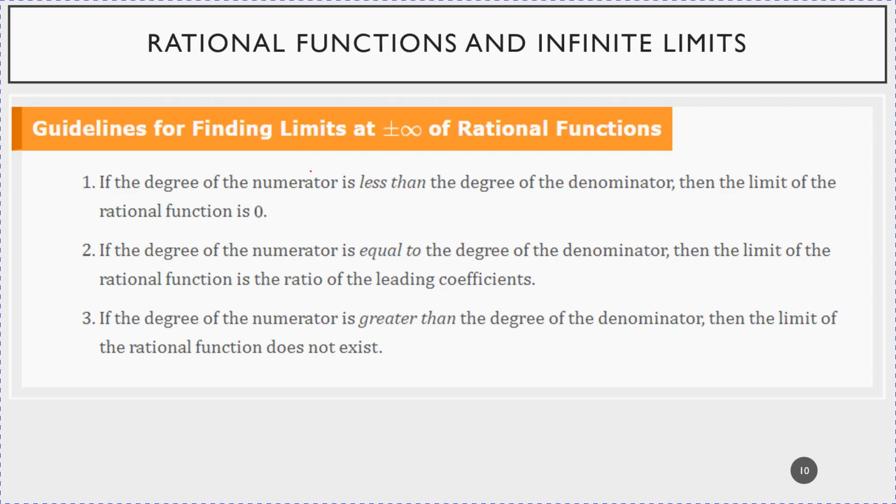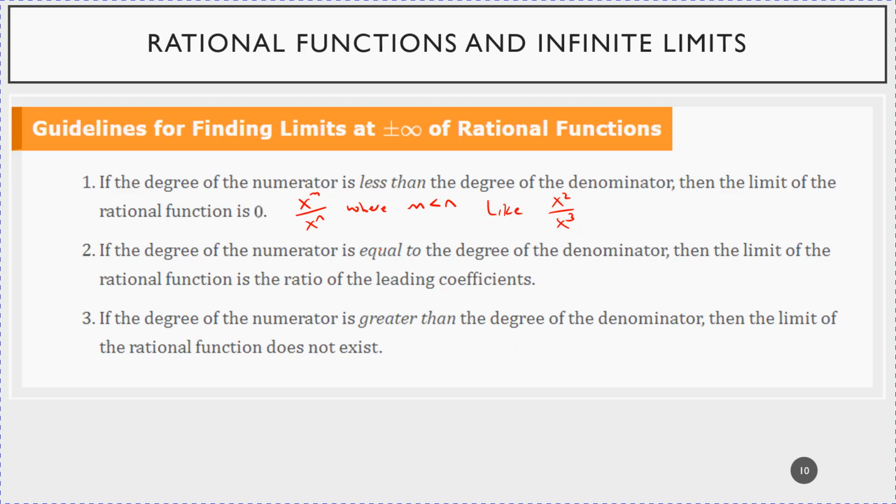So this is a case when you have something like x to the m divided by x to the n, where m is less than n. So it would be something like x squared over x cubed.